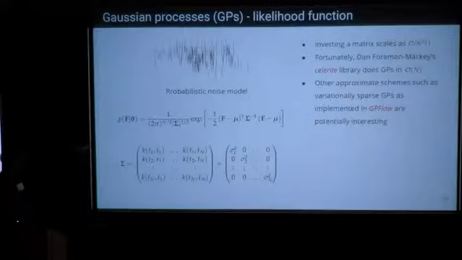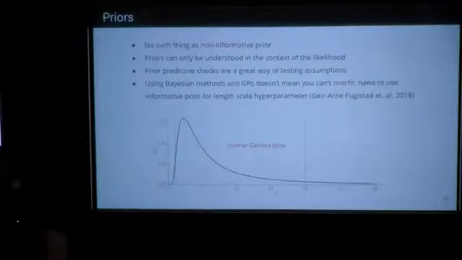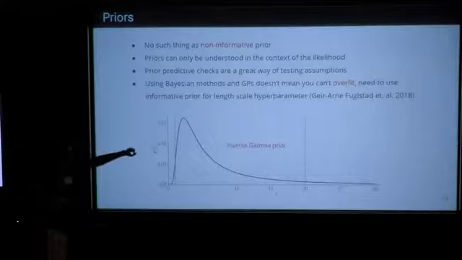And you can do 2 things. You can either optimize the likelihood function, or you can sample the posterior probability distribution. I'm a Bayesian, I like to sample. So to sample, I need to specify a set of priors as well as the likelihood function. The only note I have here, we've heard from Nathan before, is that there's no such thing as uninformative priors. But also I would add that if you're dealing with GPs, you have to think about your priors for the hyperparameters.